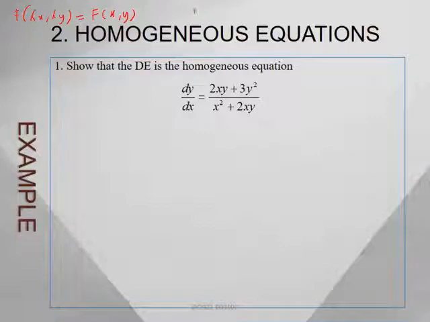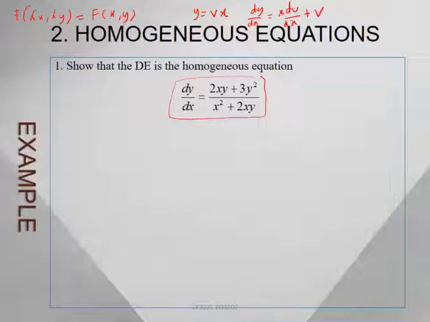Then next we substitute y equals vx, and dy/dx we substitute as x dv/dx plus v. First of all, you need to make sure it is in the general form dy/dx equals f(x, y), a function of x and y only.